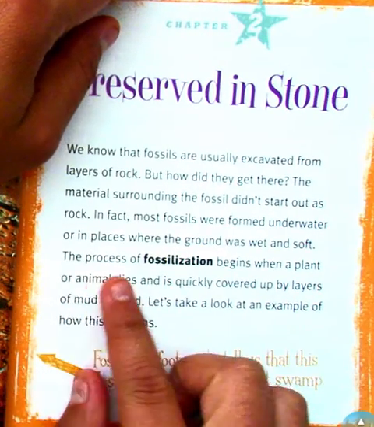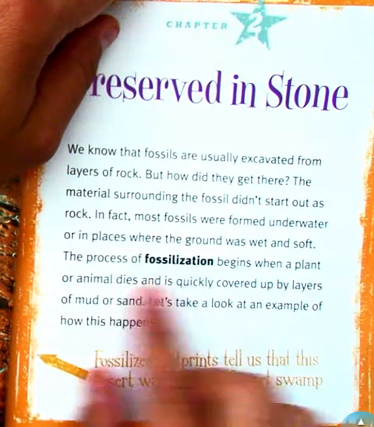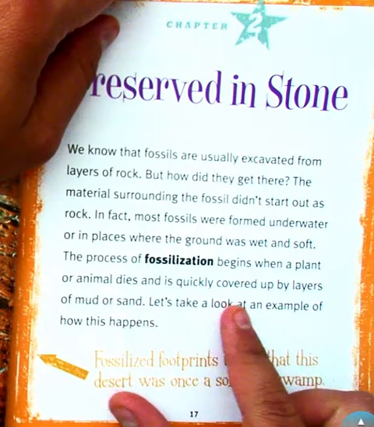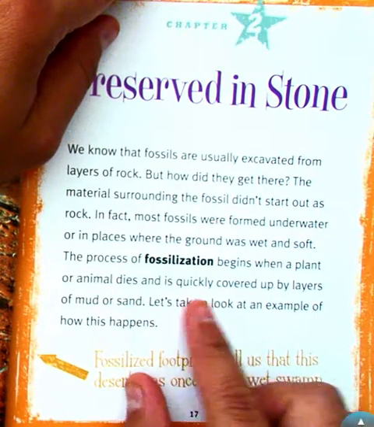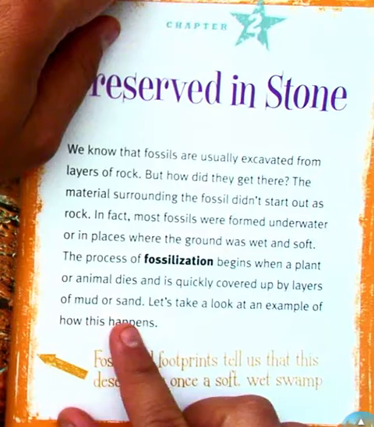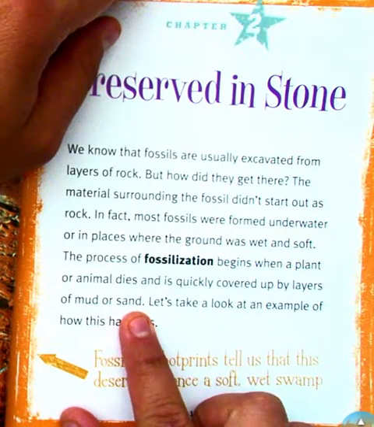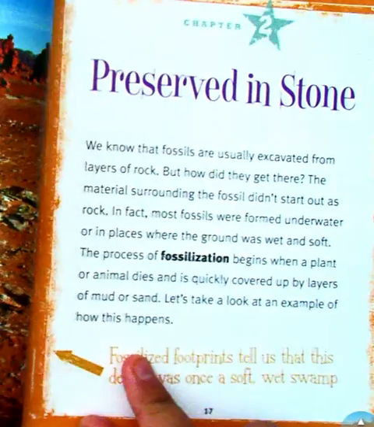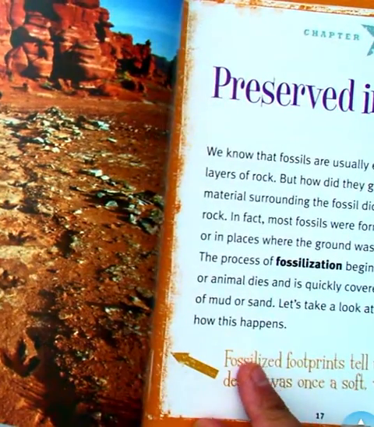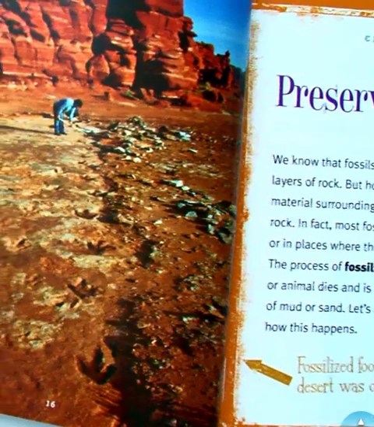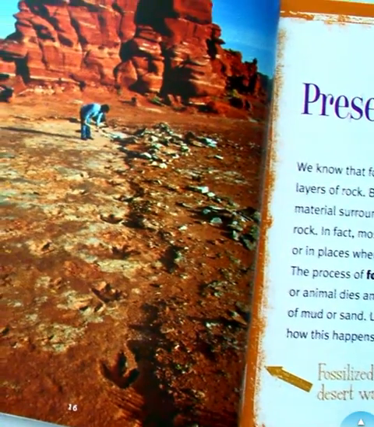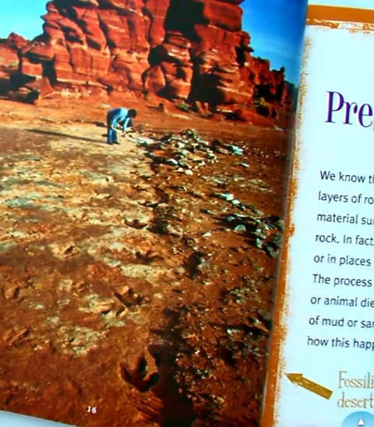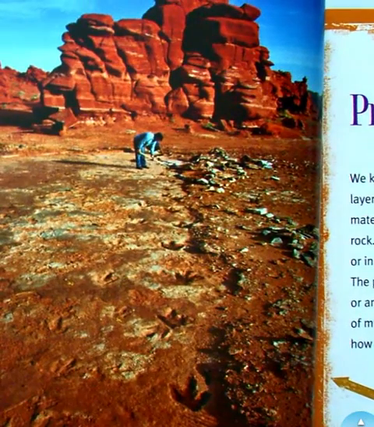The process of fossilization begins when a plant or animal dies and is quickly covered up by layers of mud or sand. Let's take a look at an example of how this happens. Right here in this picture, fossilized footprints tell us that this desert was once a soft, wet swamp.